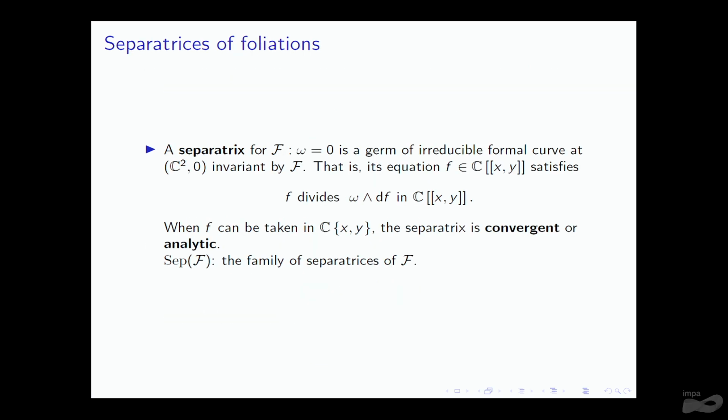Some of these indices are associated with invariant curves, so let me define a separatrix. A separatrix is a germ of reducible formal curve, given by a formal equation f that satisfies this algebraic relation: f divides omega, which is the one-form that gives the foliation, wedge df, in the ring of formal functions.